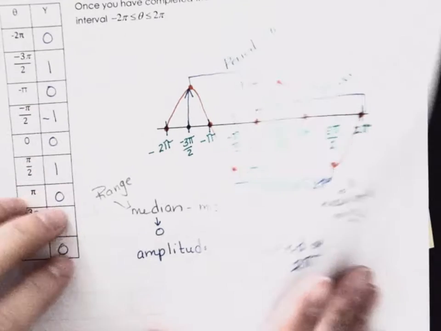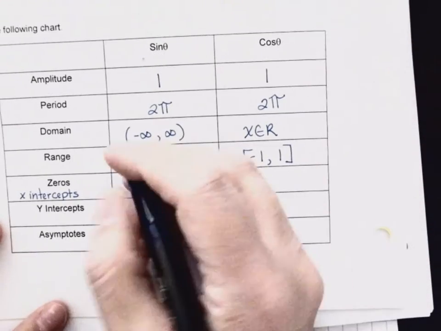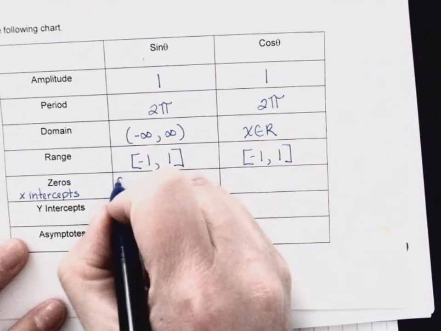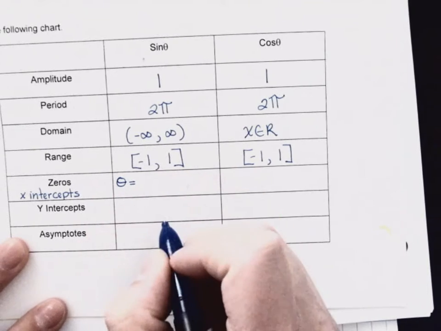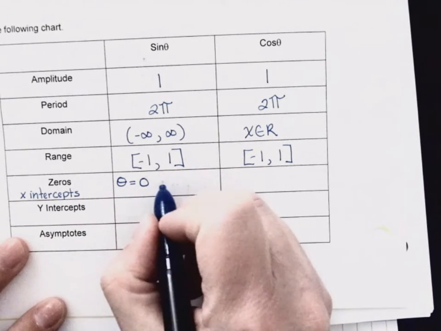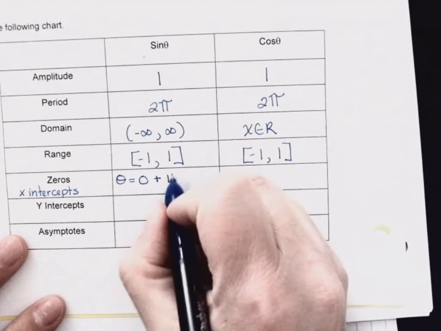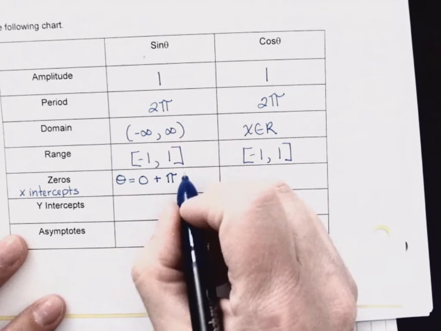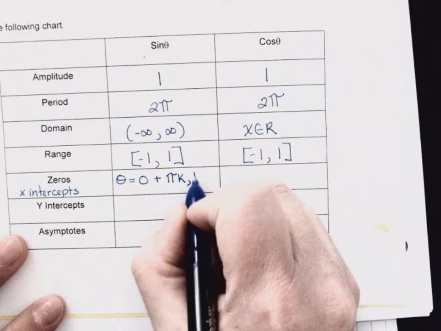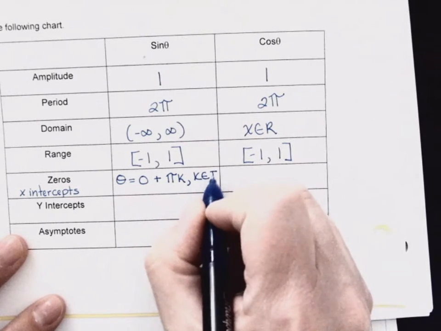Pi. Good. Okay, good job, everybody. So the x-intercepts start at 0, and what are we going to add to them? Pi. And it's a general solution, so it's going to be k, where k is an element of the integers.